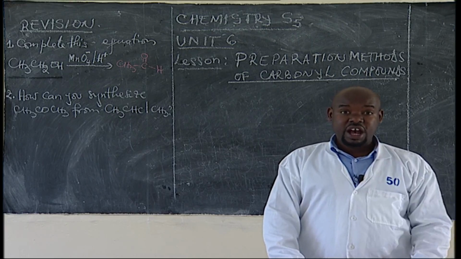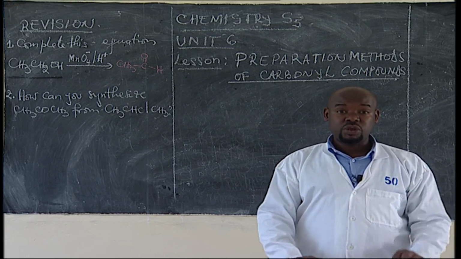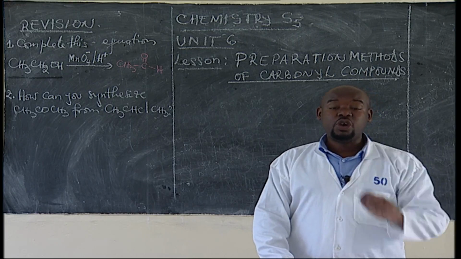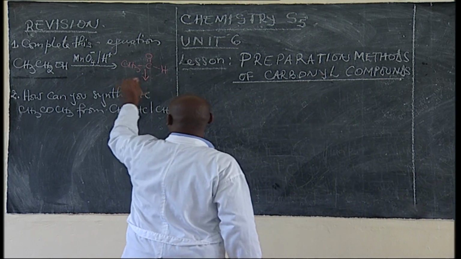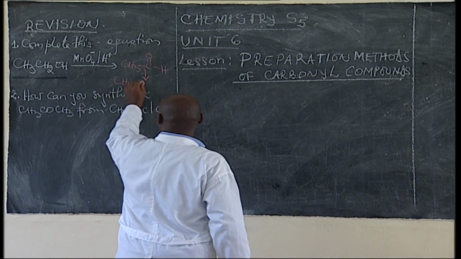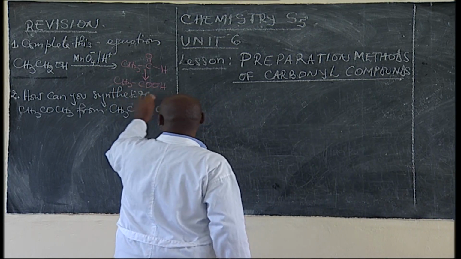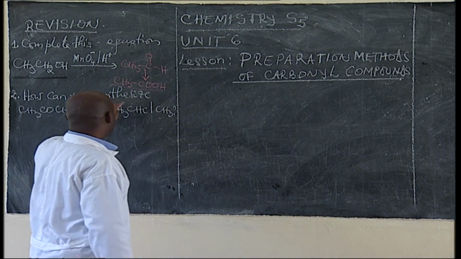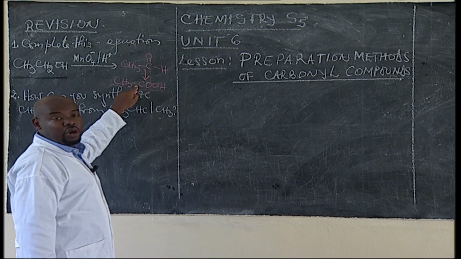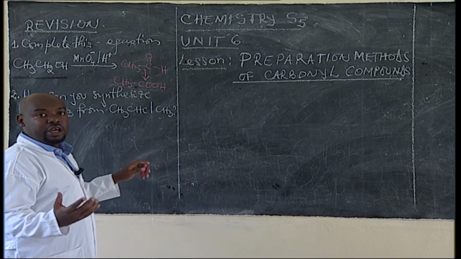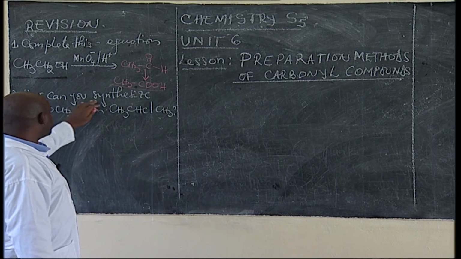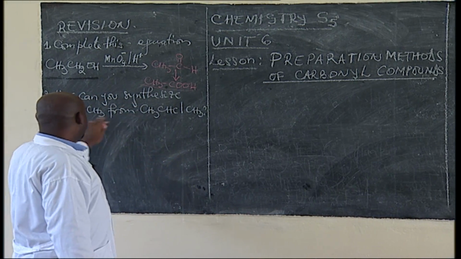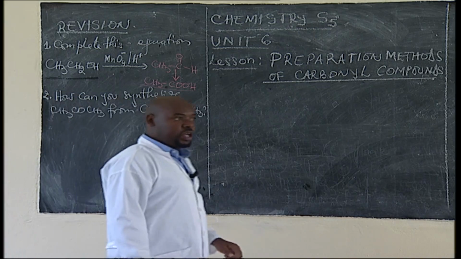And this means that the aldehyde we produce will undergo a further oxidation, and we produce CH3COOH. The class of compounds to which this one belongs is called the carboxylic acids.